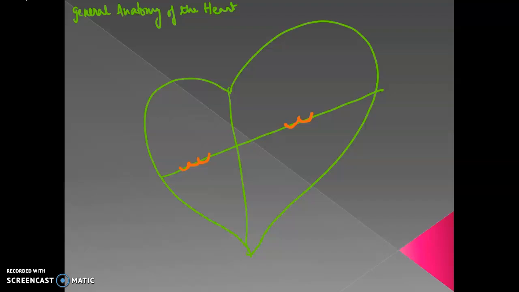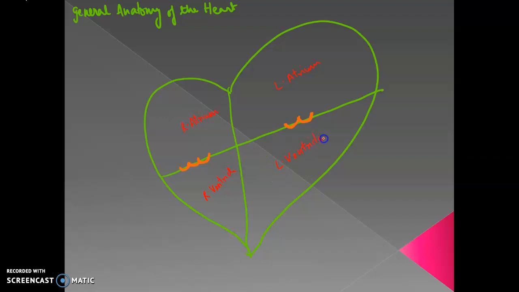There are 2 upper chambers and 2 lower chambers, right? So this chamber right here is the right atrium. This chamber is the left atrium. This chamber is the right ventricle. And this chamber is the left ventricle.